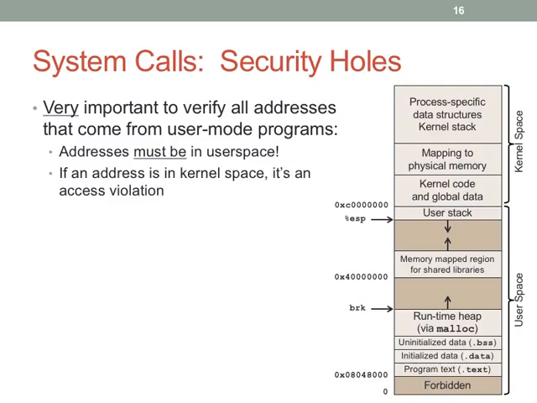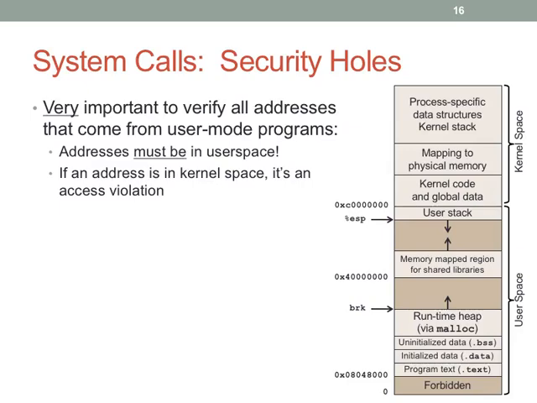So basically, we need to make sure that any address the kernel dereferences has to actually come from user space. The kernel has to verify this stuff. If it's not in user space, we automatically flag it as a problem. We don't even dereference it, we just flag it as a problem.